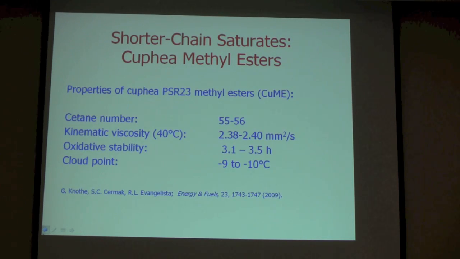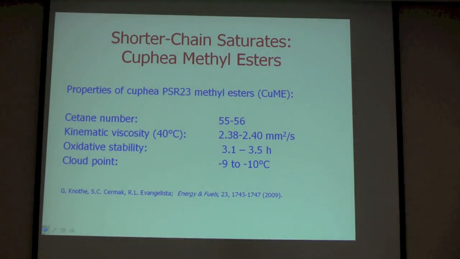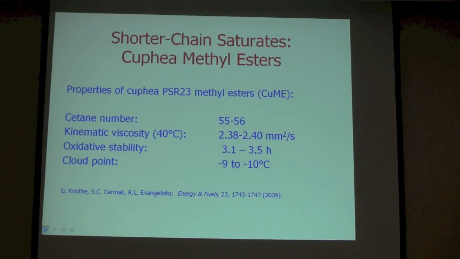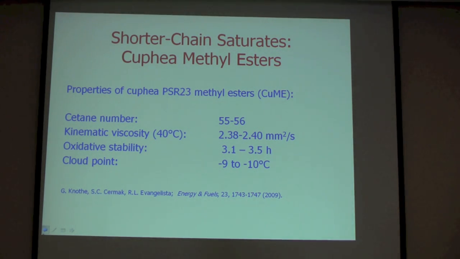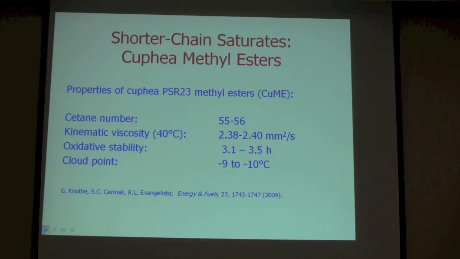So you'll see that actually imparts some advantages to it. The cetane number is still acceptable. Viscosity is fairly low, pretty much in the range of petroleum diesel fuel, to meet the ASTM D6751 specification. We'll probably still need an antioxidant, maybe not a surprise. But the cloud point was reduced to -10 Celsius.